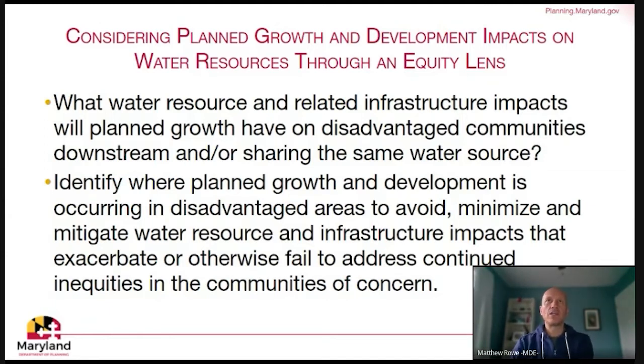Do you have EJ communities? Back to the prior discussion, will you maybe be exacerbating flooding concerns in downstream communities? And are they already experiencing flooding problems and are vulnerable and at risk? Bring that lens to your work as you're making your update.